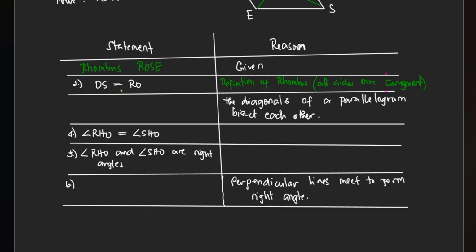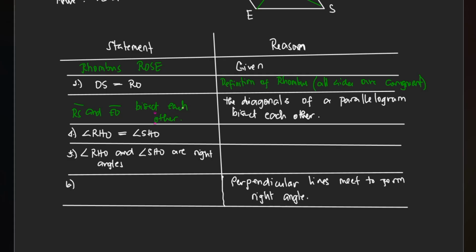That is line RS and line EO. Right? And this means line RS and line EO bisect each other.